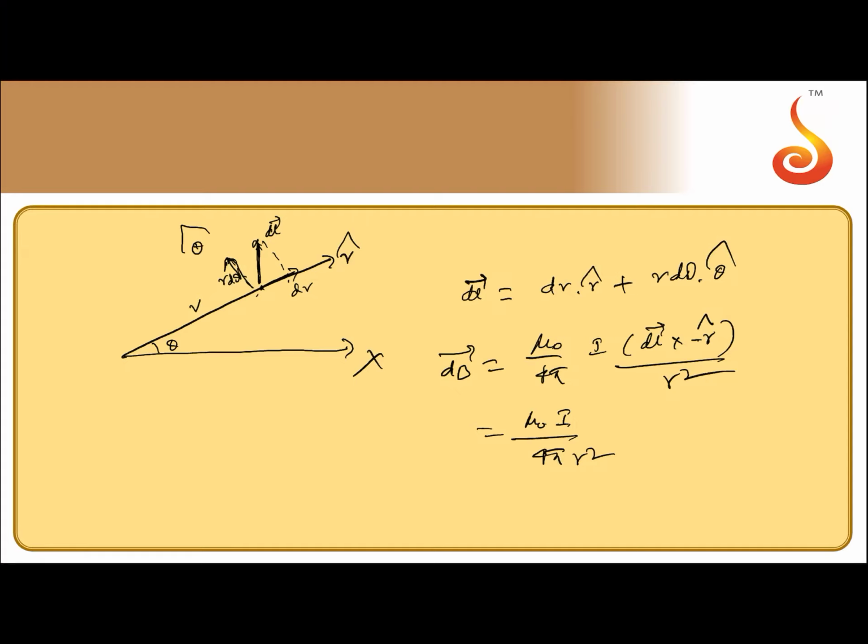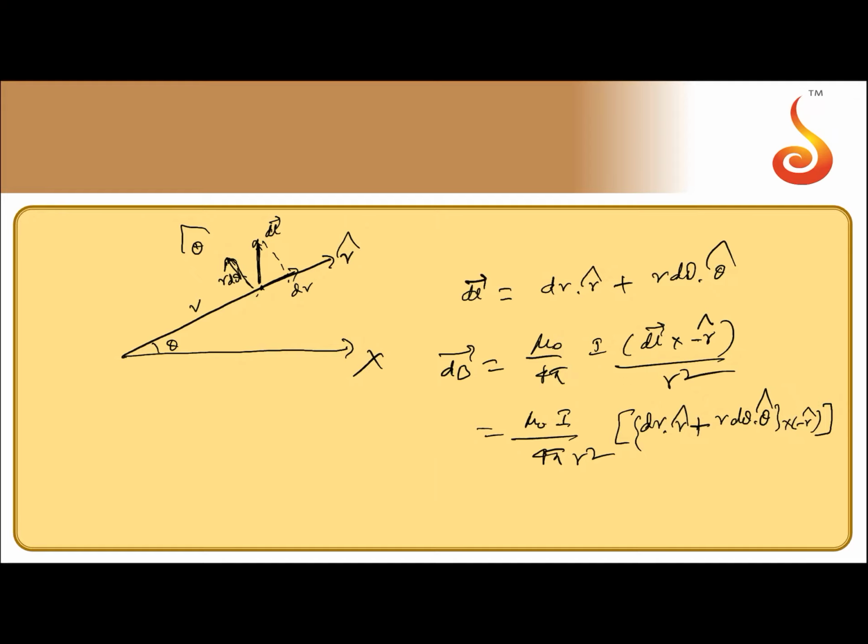So we can write dr r cap plus r d theta theta cap cross minus r cap.